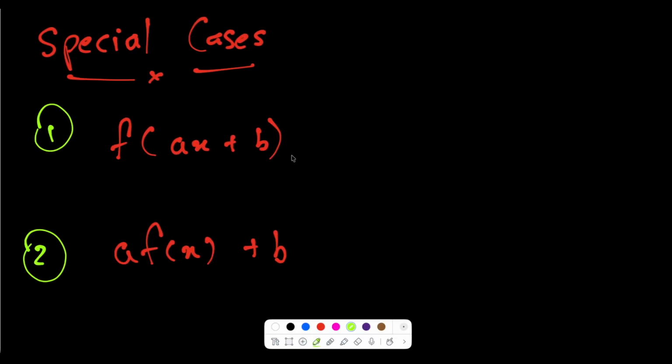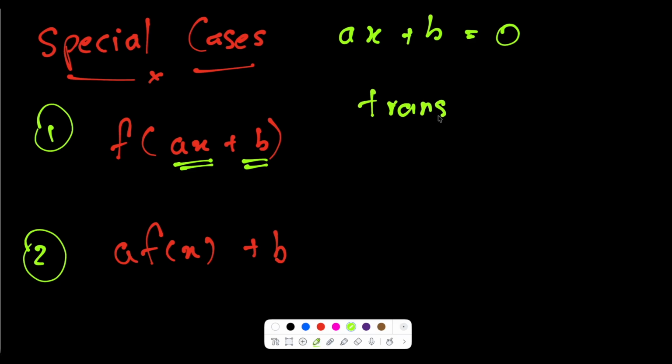Let's take a look at some special cases. The first one being f(ax plus b). Now you might wonder, what should we do first? Stretch or translate? Think of this like an algebraic expression. What do you do first if we have something like ax plus b equals 0? You first bring the b to the other side, right? Therefore, similarly, you translate first.